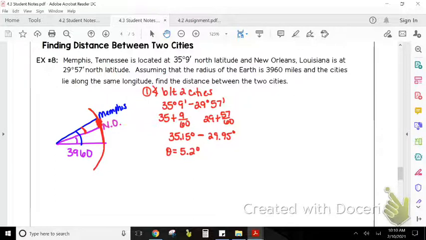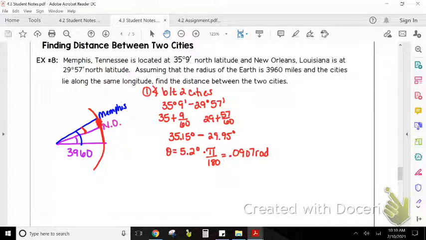Now remember, we're looking for the length of that arc right there, so we're going to need our angle in radians. So I'm going to multiply that by pi over 180. I'm going to just put pi in my calculator this time, because in the end we're going to plug it into our equation anyway. So 5.2 times pi divided by 180, and I found that it's 0.0907, and I'm going to label radians so don't forget that.